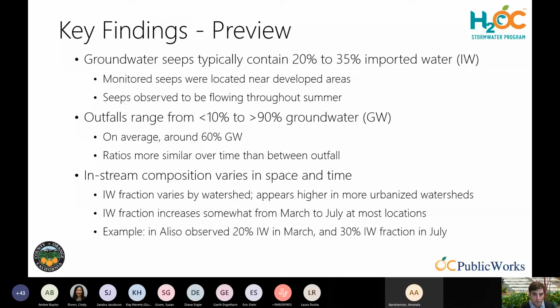On the in-stream composition, we saw this vary also in space, not to as great a degree as in the outfalls. We also saw it vary in time, as you would expect. We saw some natural rainwater derived groundwater decline between the March samples and the late July samples, representing some dissipation there. So that's the preview, and now I'll show you the data that supports these conclusions.